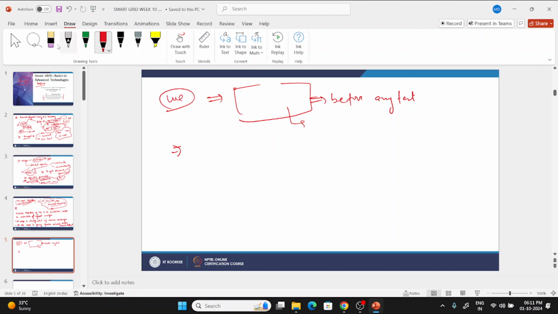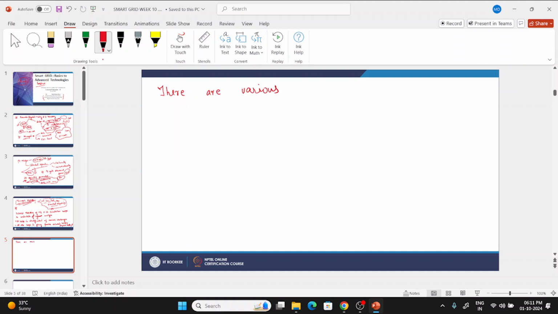Okay. Now there are various simulators like RTDS.